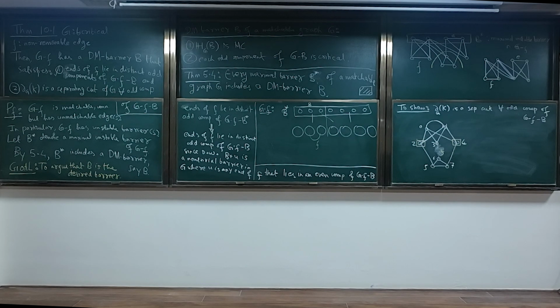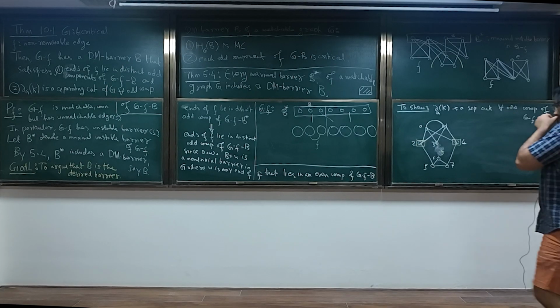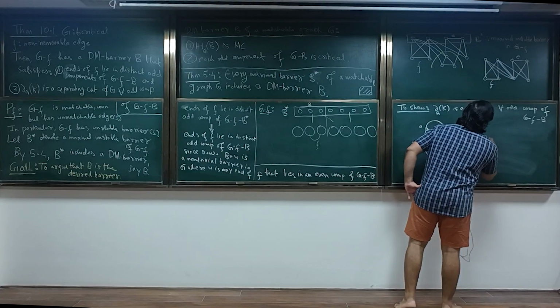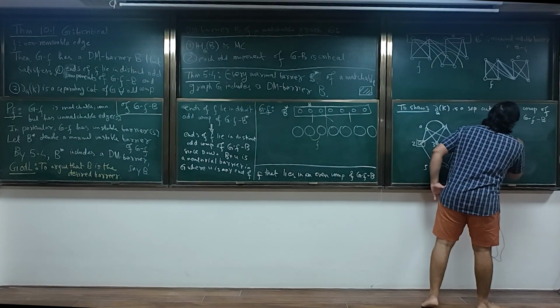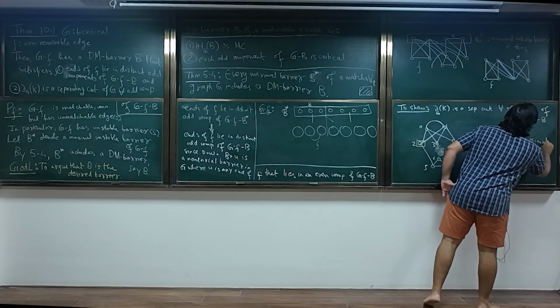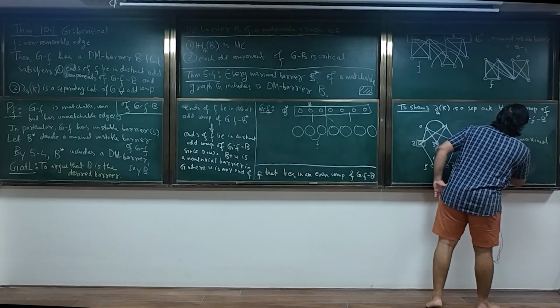Otherwise, there will be some other set of vertices within a component which you can include to the barrier. Yeah, I think you're right. So it looks like, check carefully again, it looks like 2, 4 is a maximal barrier in G minus F.